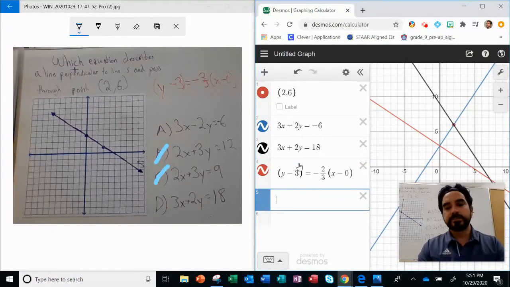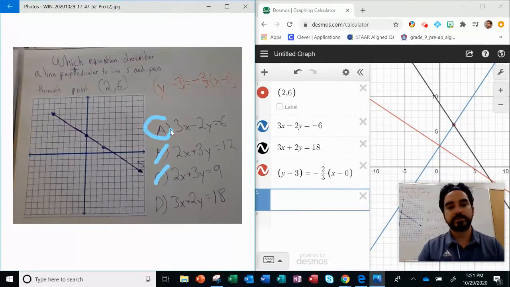Looking at this, it looks like only one of these graphs is perpendicular to it. Remember, it has to make a cross, and that one is the blue one. So knowing that, my answer is going to be 3x minus 2y equals negative 6. If you have any questions about this, please let us know.